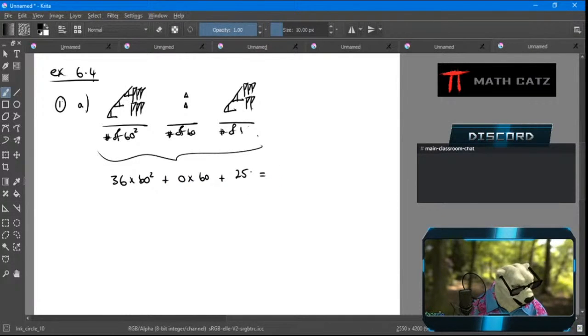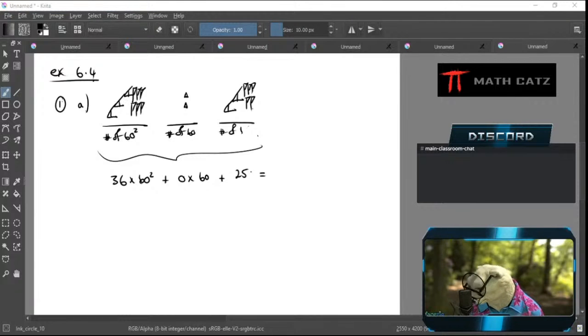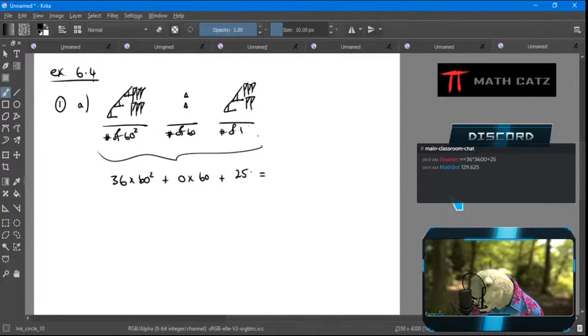Let's see what MathBot says. 36 times what I know is 3600. I don't have to write the 0 because the middle won't contribute anything. So I can skip that in my calculator for sure, but I want to write that to show that I understand. 129,625. So nothing is changing in how I'm handling this.